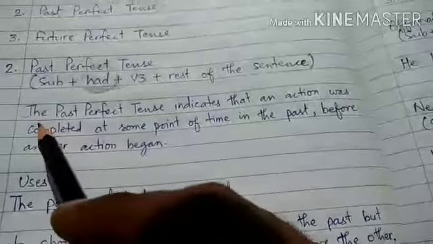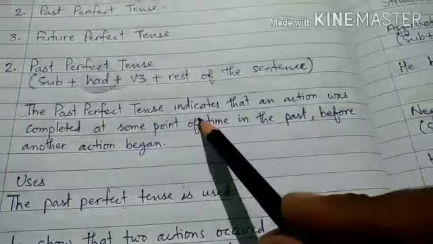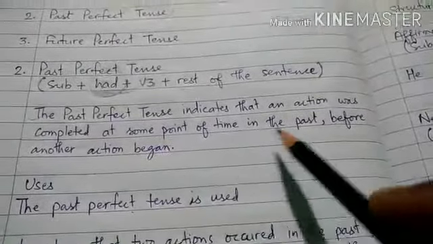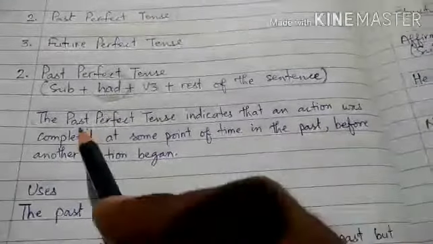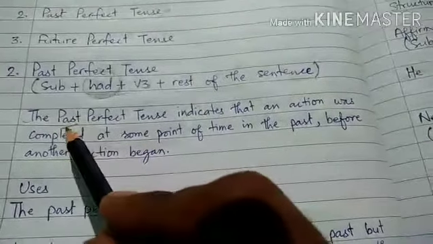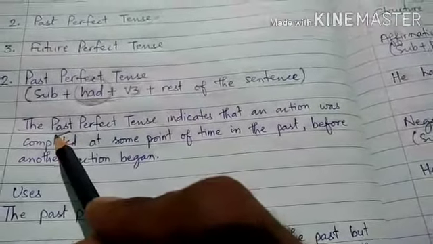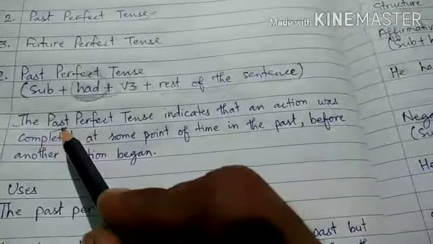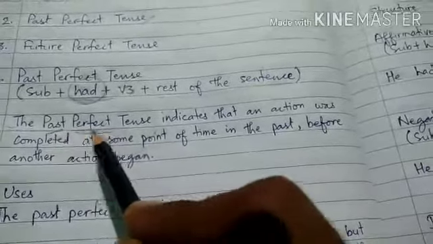It is written here, the past perfect tense indicates that an action was completed at some point of time in the past. From past we already understand that it is an action that had taken place in the past, and perfect means complete.